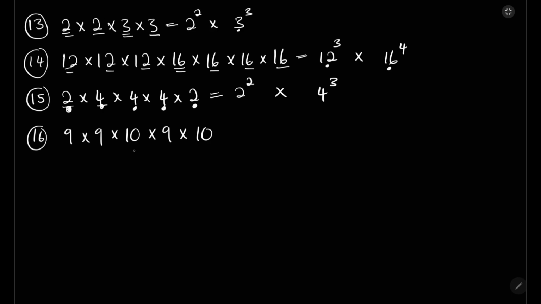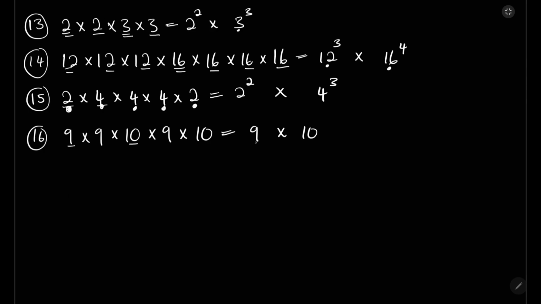9 times 9 times 10 times 9 times 10. What's the first step? We write our base. In this case, we have 9 times 9 times 10 times 9 times 10. So we have 9 and 10. We also have another 10 there, but we've already noted 10. So your bases will be 9, leave a space, times 10.